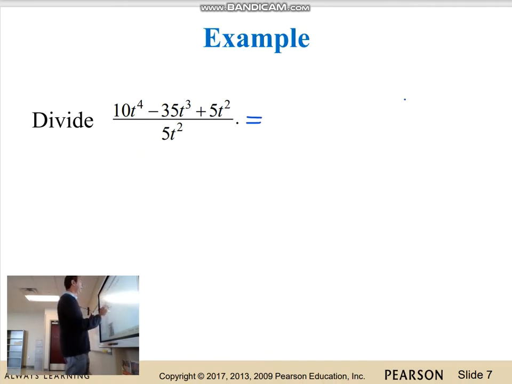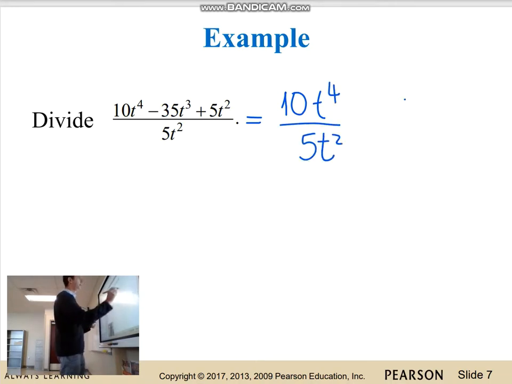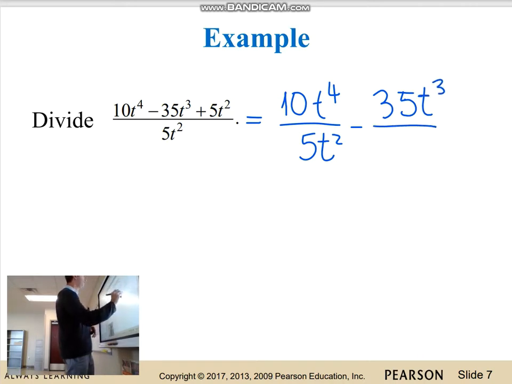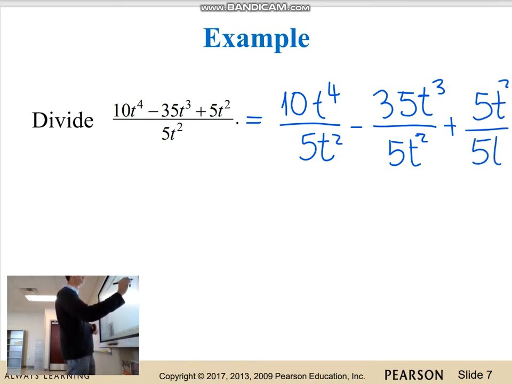So this equals the first term, 10t to the 4th over 5t squared, minus the next term, 35t cubed over 5t squared, and the last term here is 5t squared over 5t squared.